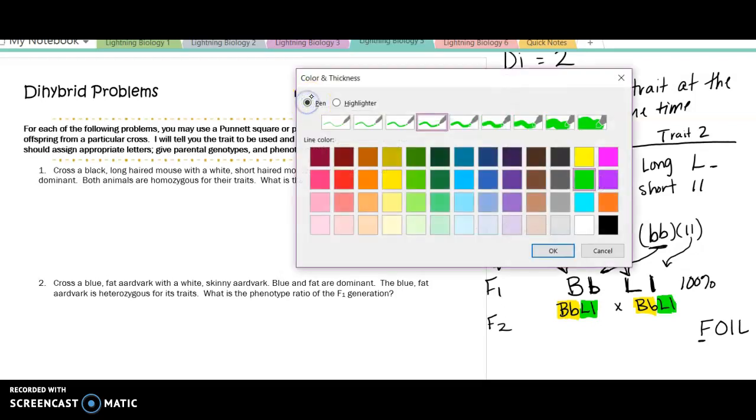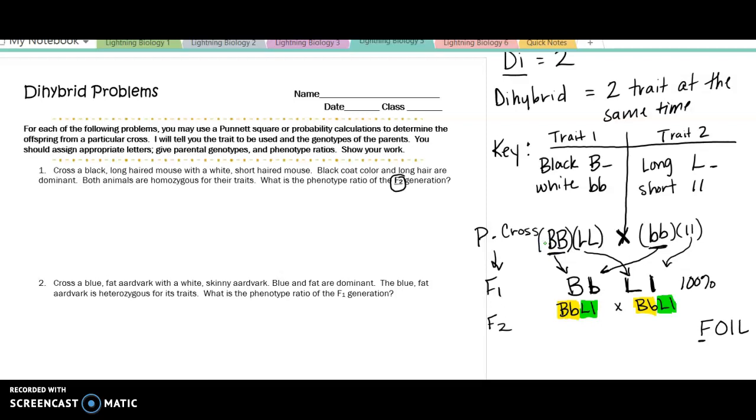And when the parent produces gametes, they have to pass on one allele of each gene. So we're going to FOIL it. This parent could give the first allele of each of the two.